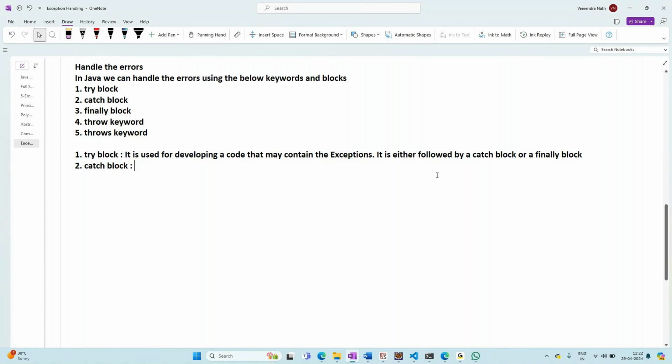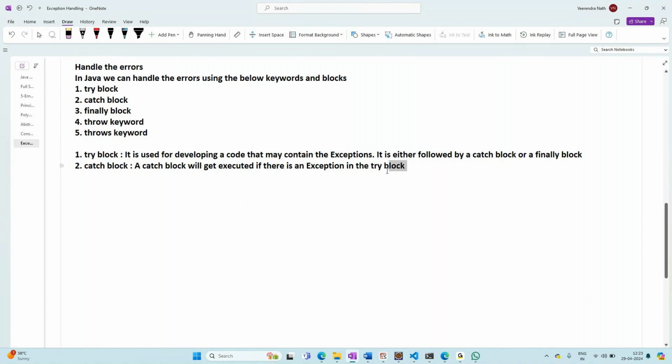Now what will a catch block do? A catch block will get executed if there is an exception in the try block.